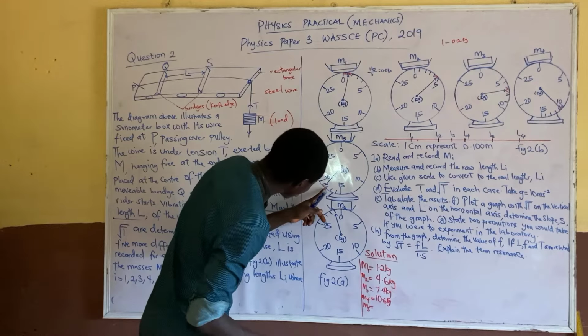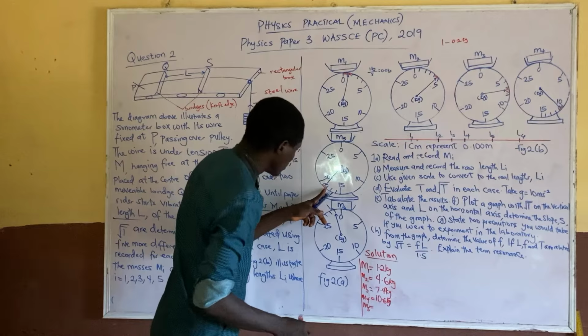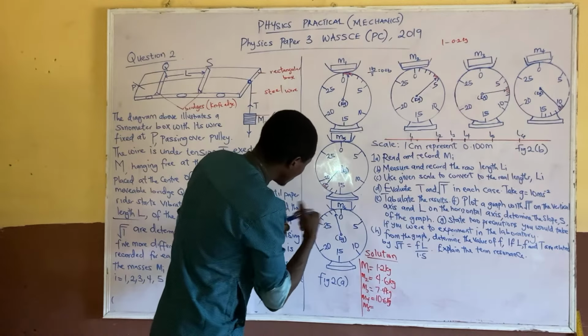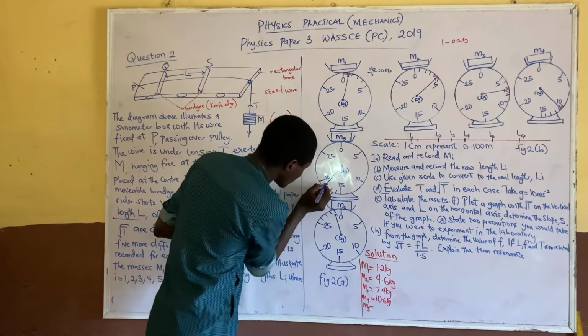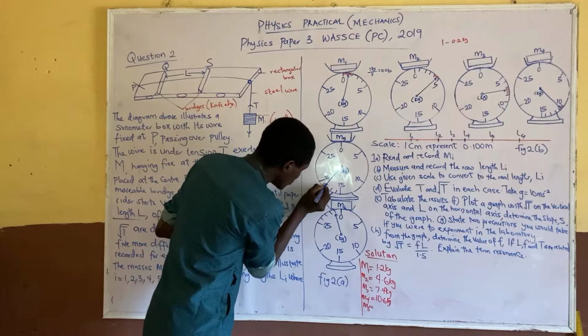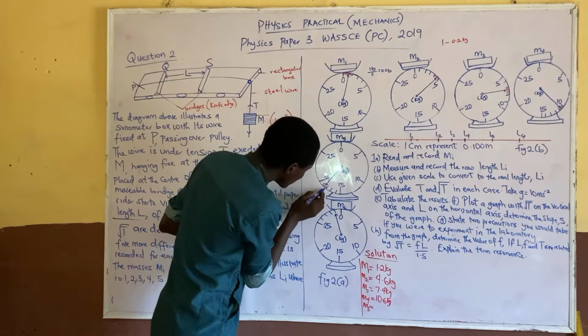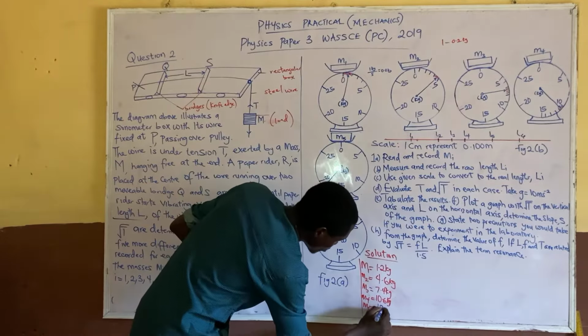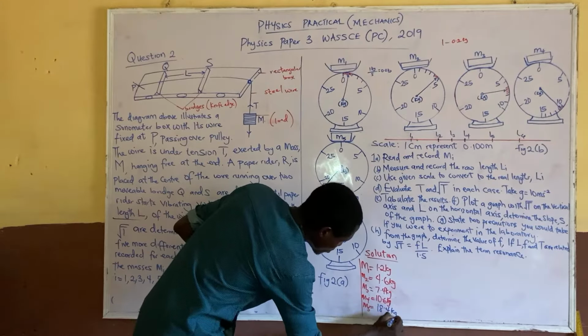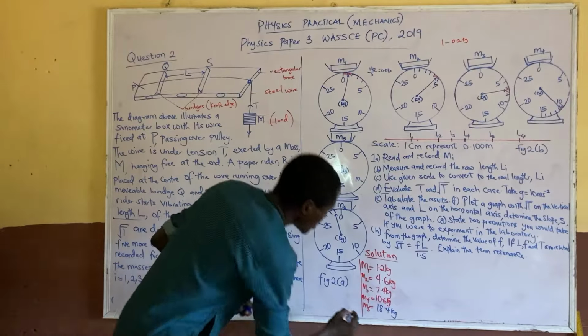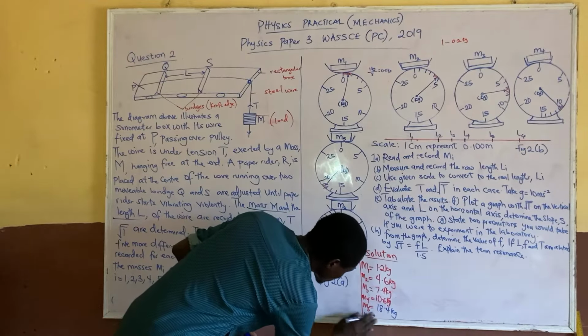Is it 18.what? It is on this 18, on the fourth aspect of it, the second one. So you have 18.2, 18.4. You have 18.4 kilogram.